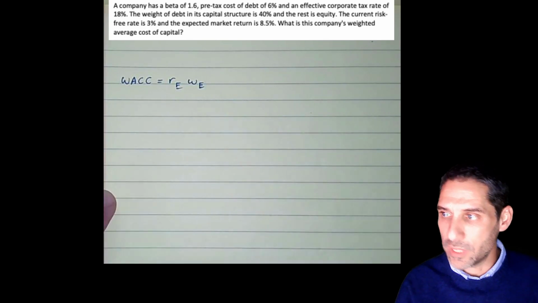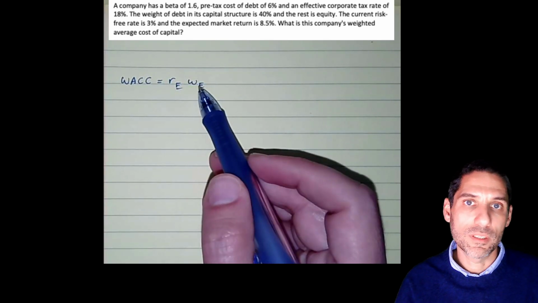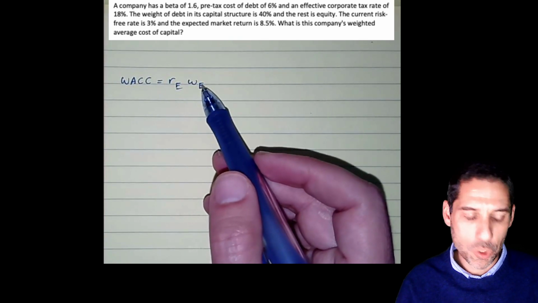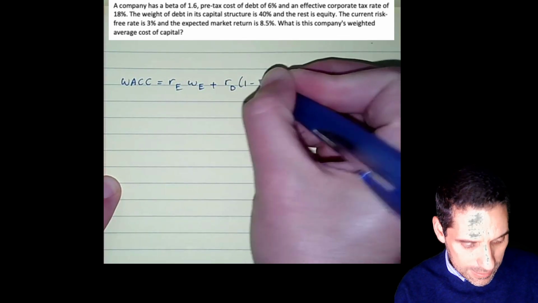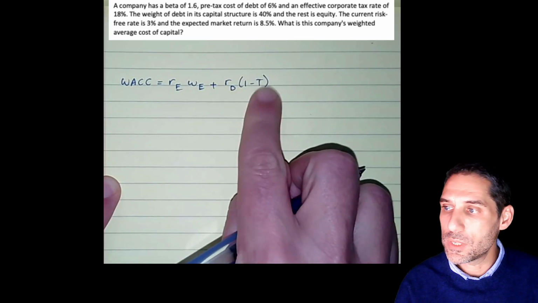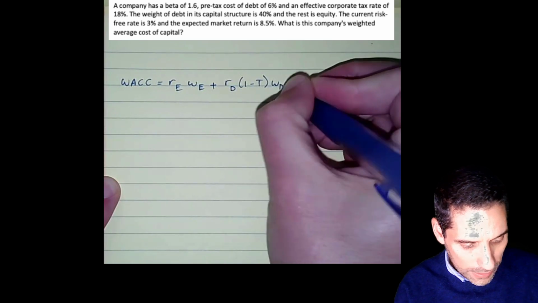But here we are actually given the weight. The lecture examples, there are examples where the dollar amounts are given. Those are important. Make sure to review those. All right, cost of equity, weight of equity, plus pre-tax cost of debt. The interest tax advantage is taken into account, and then weight of debt.